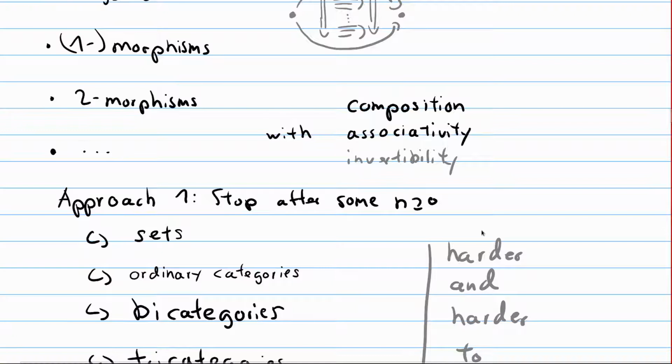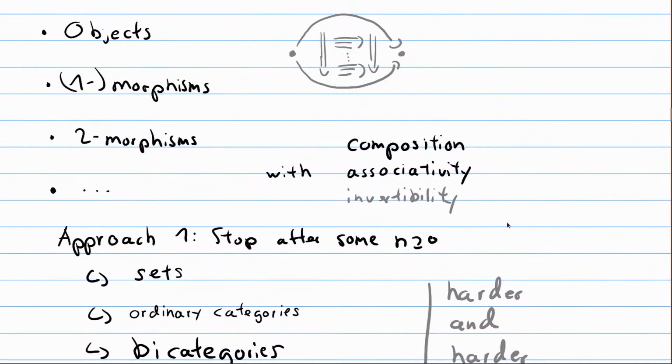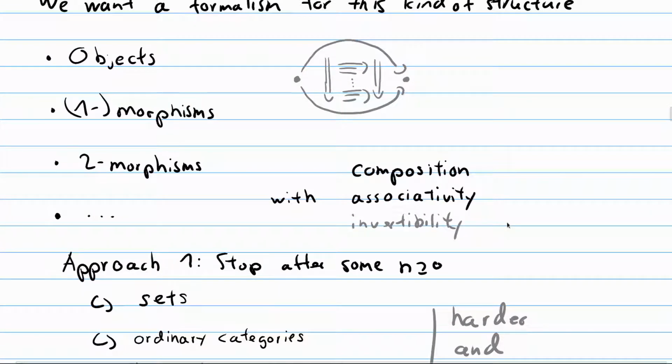Depending on your foundations, if you use sets and classes or small and large sets, you might have some size issues, but for the sake of this talk, I'm just going to ignore them and pretend that everything is a set, or rather that the times where this isn't the case is not a problem, and we can deal with that at a later time. If we introduce objects and one-morphisms that compose associatively but not invertibly, we get ordinary categories. And if we also add invertibility, then we get the groupoids.